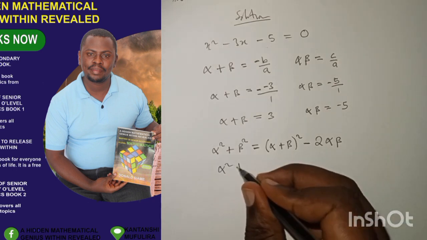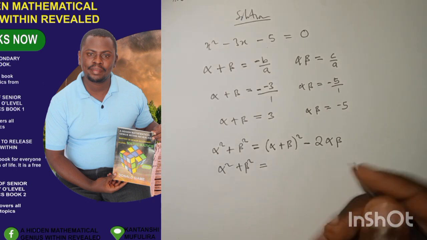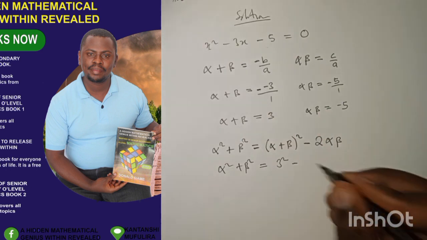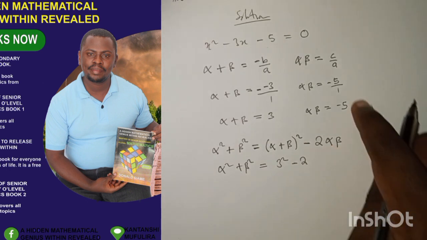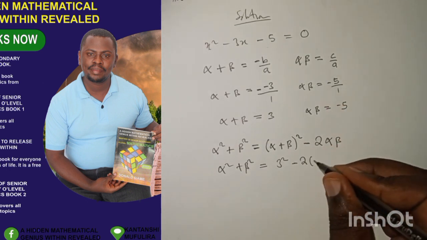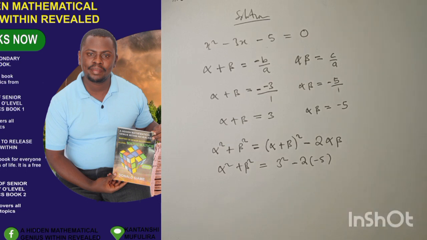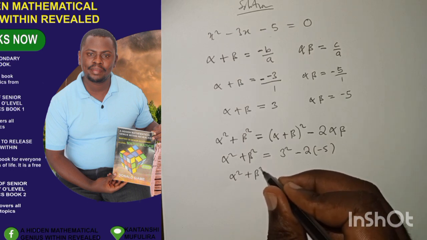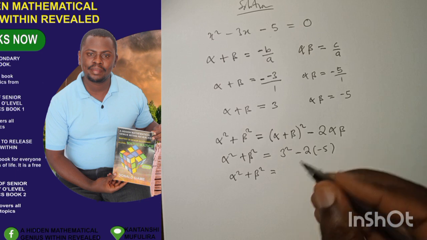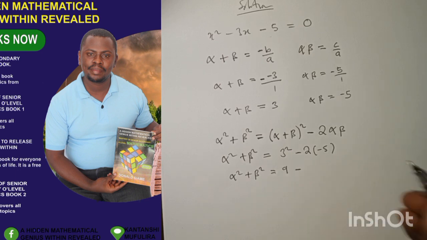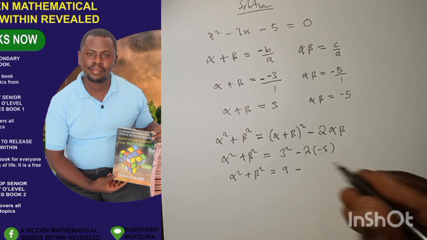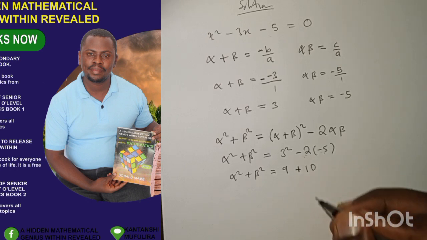So alpha squared plus beta squared is equal to 3 squared minus 2 times, where there is alpha times beta, minus 5. So we have 3 squared, which is 9, minus 2 multiplied by minus 5, and minus 2 multiplied by minus 5 gives a plus 10.